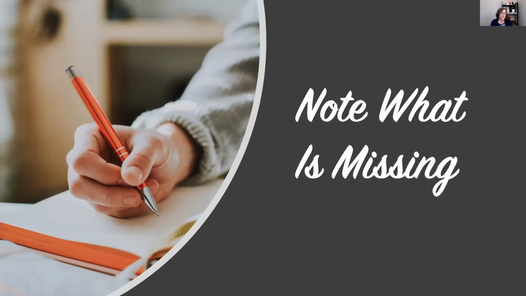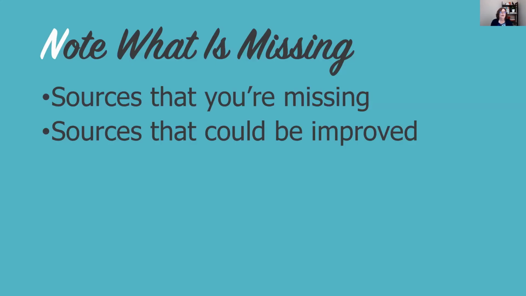We also need to note what is missing. Now, when we're in the note what is missing phase, we need to think about not only sources that were missing, but also sources that could be improved. Because let's face it, not all sources are created equally.